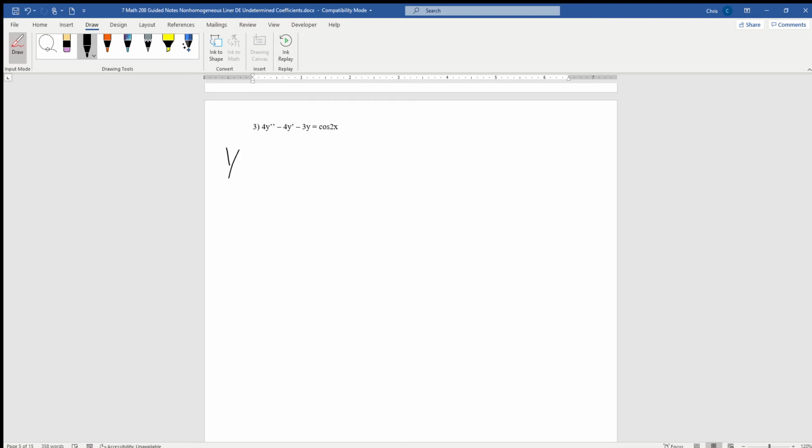So yc, and that's just going to be found when we factor and put together first of all the auxiliary equation. So that's going to be 4m squared minus 4m minus 3 equals 0. And we're going to factor that.